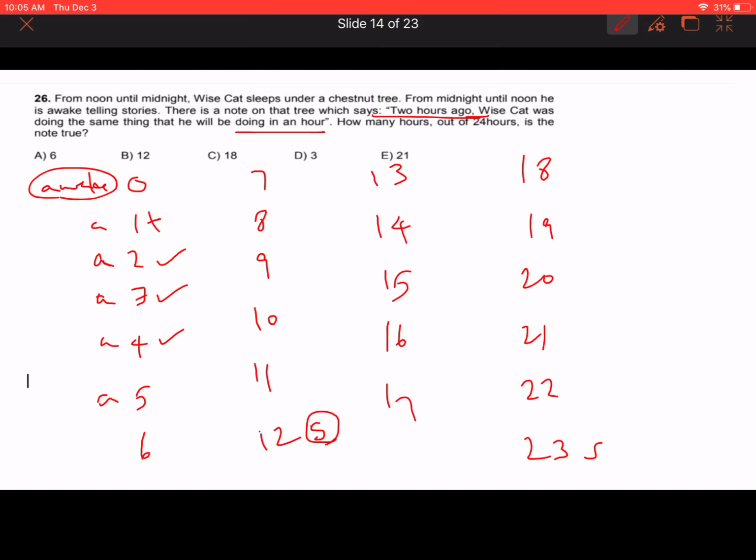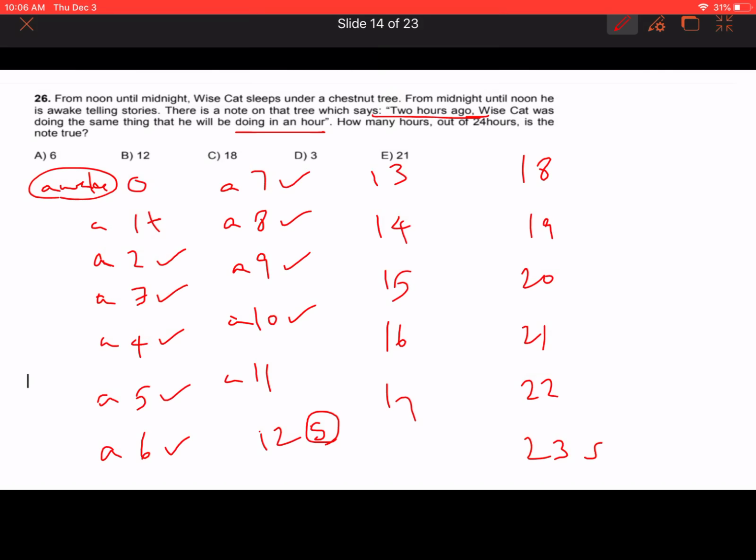At 5 o'clock, 2 hours before he is awake, 1 hour after that he is awake, so we just continue this. Yes, he is following the same condition, 2 hours before and 1 hour after. 9 o'clock also, yes. 10 o'clock, 2 hours before, 1 hour after, he is awake.